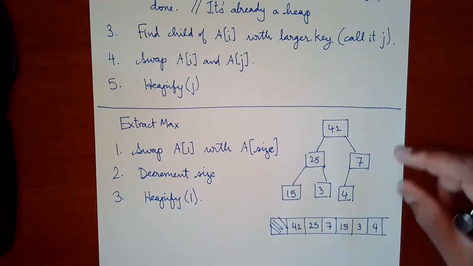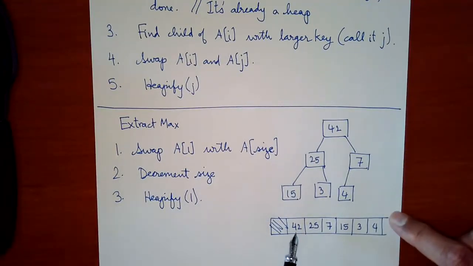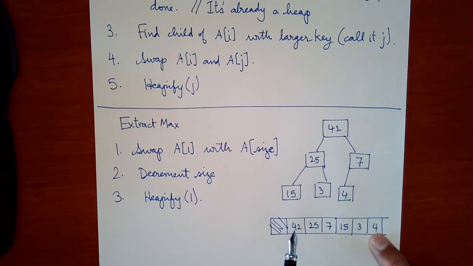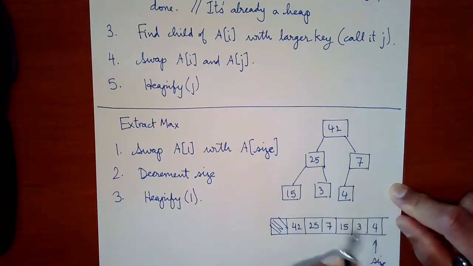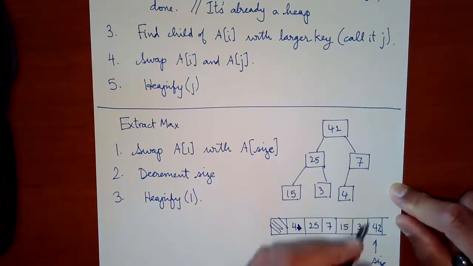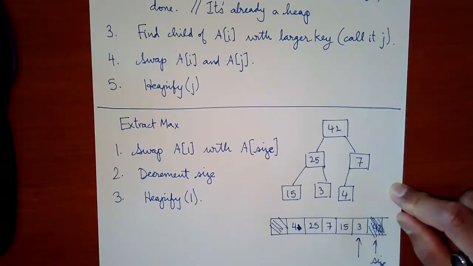How is this going to work? Just like when we deleted in an unsorted array, we will swap 42 with the end. Remember, size was pointing to that. We will swap 42 with there, so we move the 42 over there. And then we decrement size. So size is going to move here. That effectively deletes this.